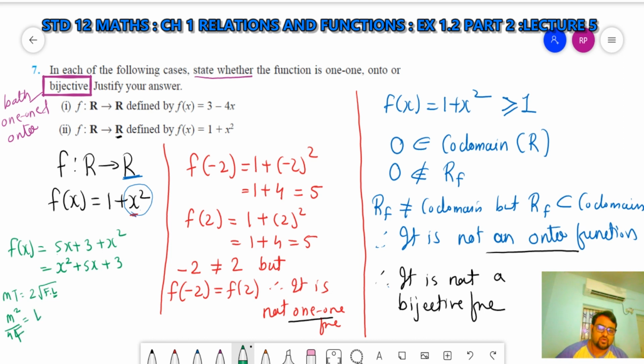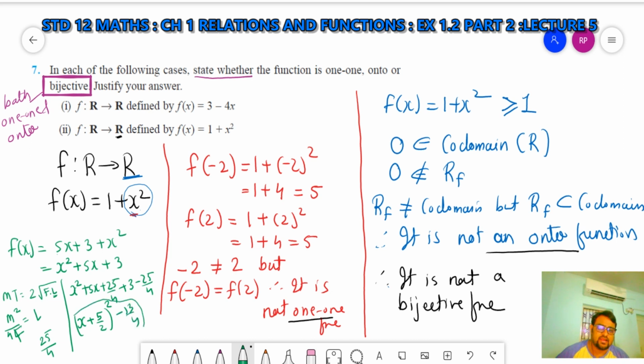In this case, what is the middle term square? 5, so 25 upon 4 into first term. What is the first term? 1. So this will be 25 by 4. So I can split it this way: x square plus 5x plus 25 by 4 plus 3 minus 25 by 4. So this will be equal to (x plus 5 by 2) whole square, plus 4 threes are 12, 12 minus 25, minus 13 by 4.